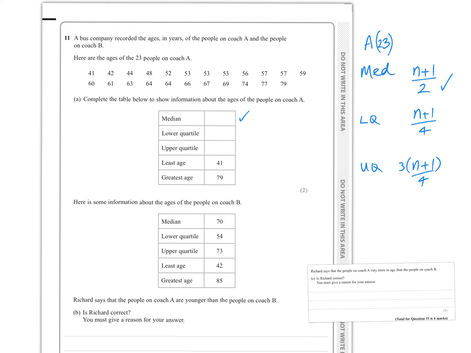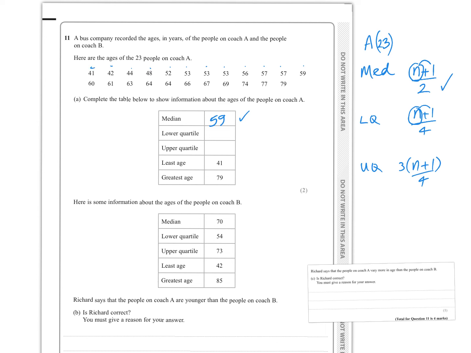So if you let n equal 23, you'd have 23 plus 1 is 24, and then you halve it and you'd get 12. So 1, 2, 3, 4, 5, 6, 7, 8, 9, 10, 11, 12. So 59 is the median. The lower quartile, well, you put n is 23 in here, plus 1 is 24, divide it all by 4, you get 6.